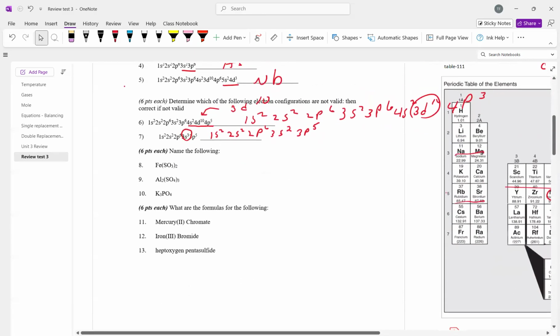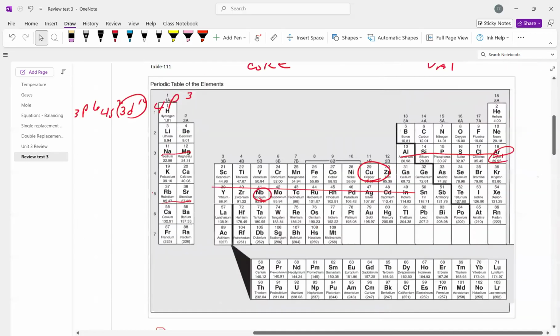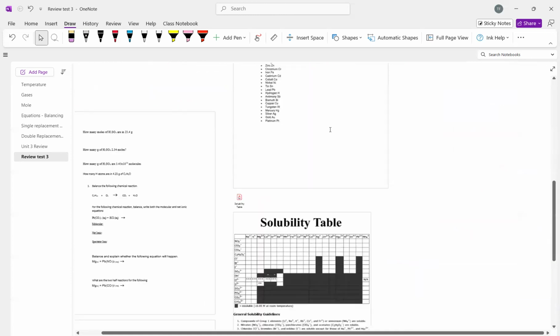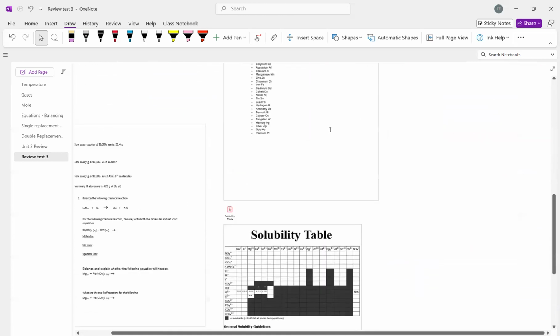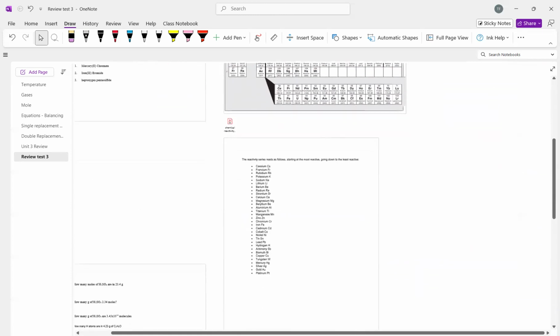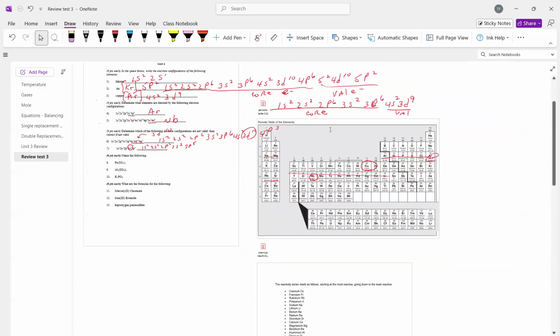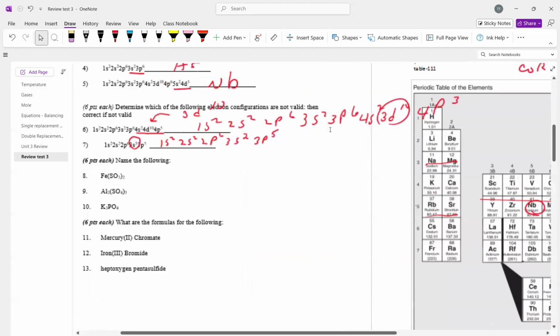Now, for naming, we need to decide: is this ionic or covalent? And then you need to use the appropriate naming convention. Okay, iron sulfite.